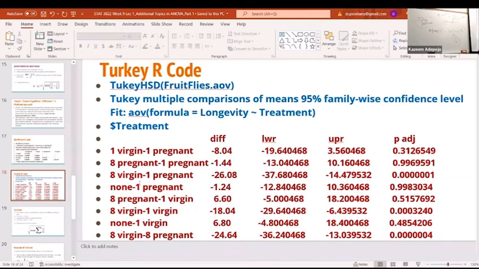But the problem with Bonferroni is that there could be false negatives. You get what I mean? So when we already know that there's no difference, right? There's no difference.